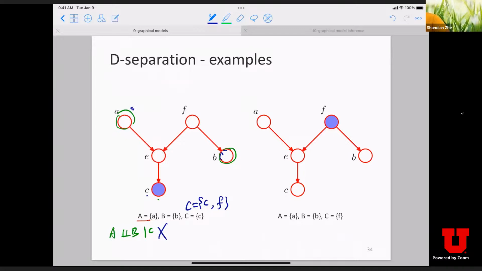So meaning I'm going to shade this node F. Do we have conditional independence now? Any thought?